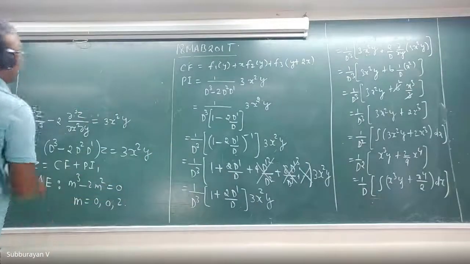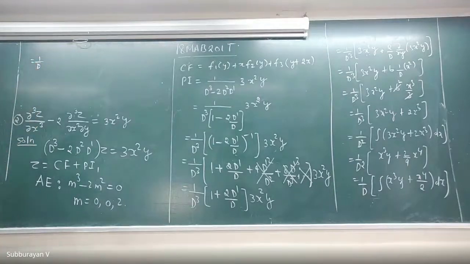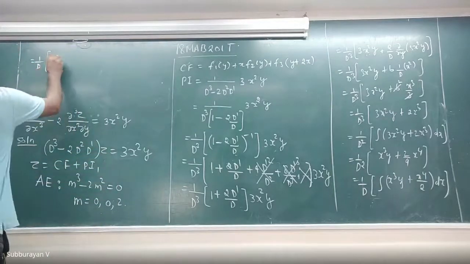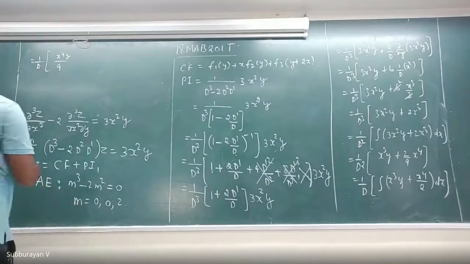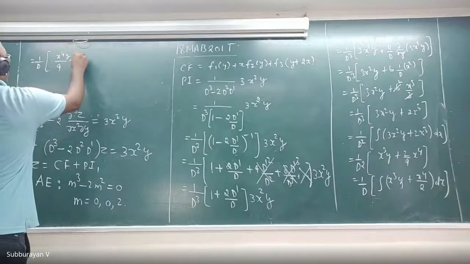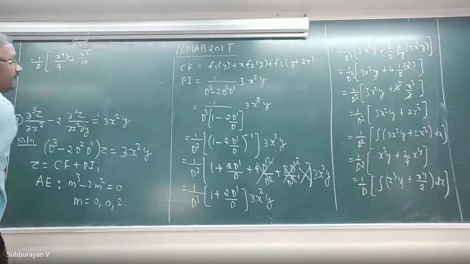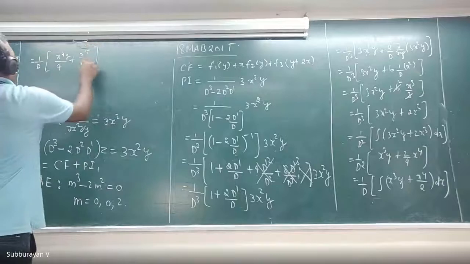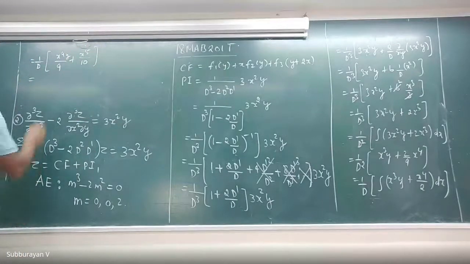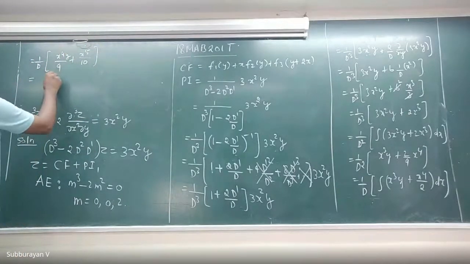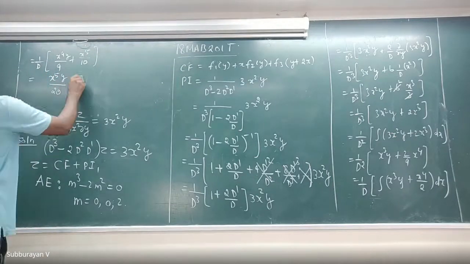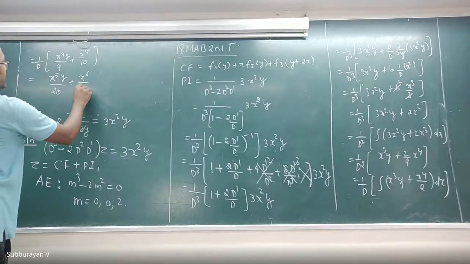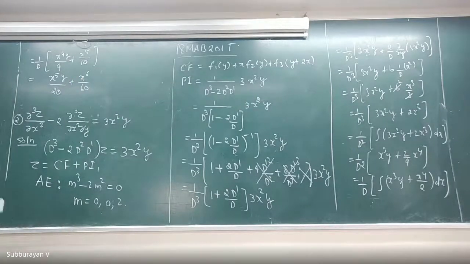What will I get? That is 1/D into x⁴y/4 + x⁵/10, and then integrate this with respect to x again. So x⁵y/20 + x⁶/60. So this is the required particular integral for this problem.